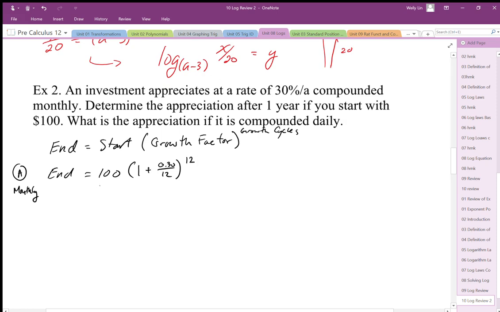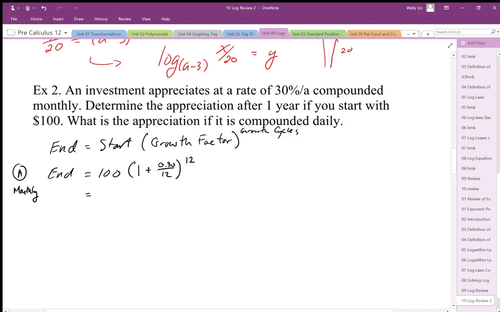Okay, using a calculator, I need to punch that in. So punching that into my calculator, I'm going to end up with 100 bracket 1 plus 0.3 over 12 to the power 12.